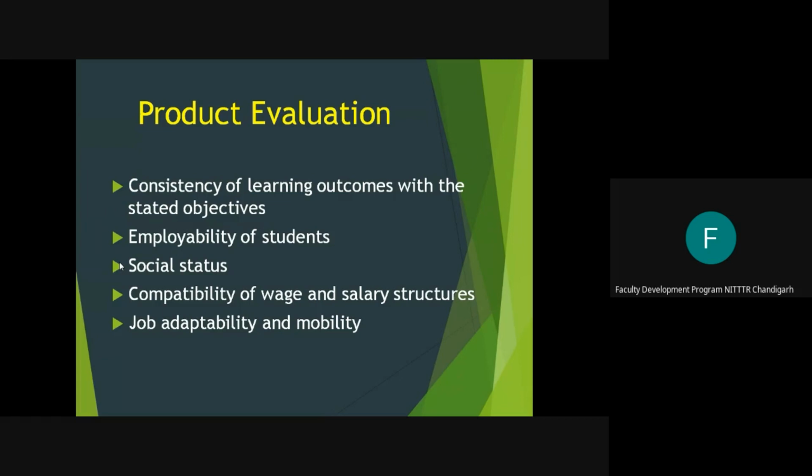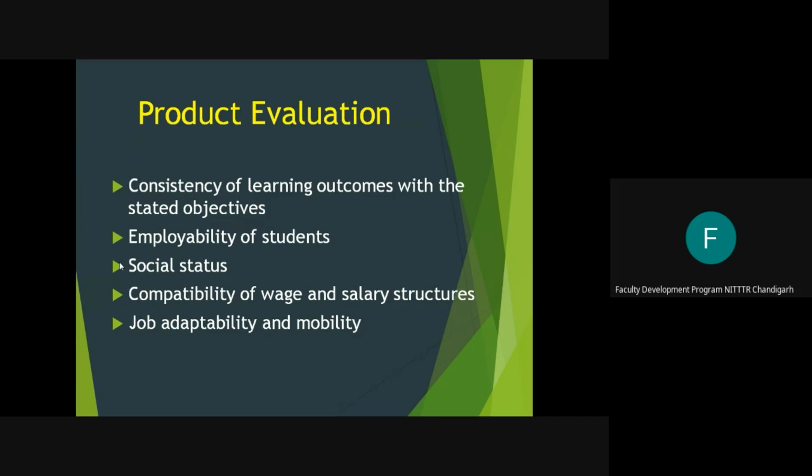All this is very, very important, and whether we have been able to achieve the curriculum goals or not, whether the outcomes that are being achieved are consistent with the goals, with the objectives which we had planned. All this is part of product evaluation. So my friends, in the SIP model, I talked about the four aspects.